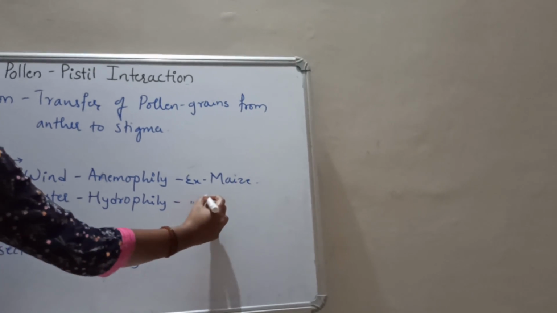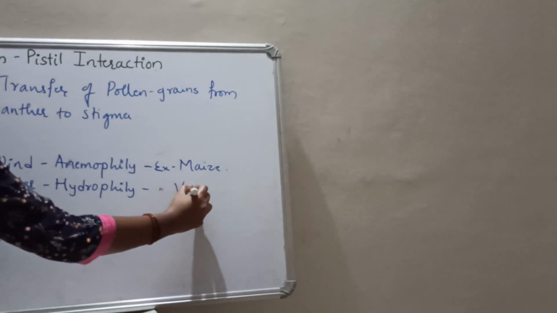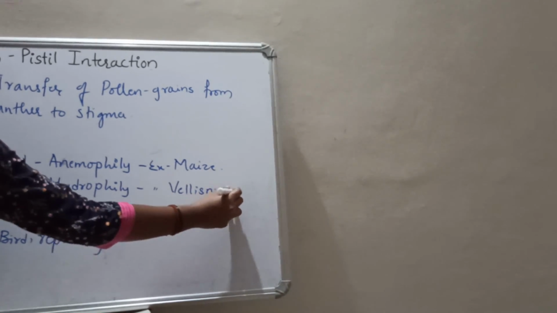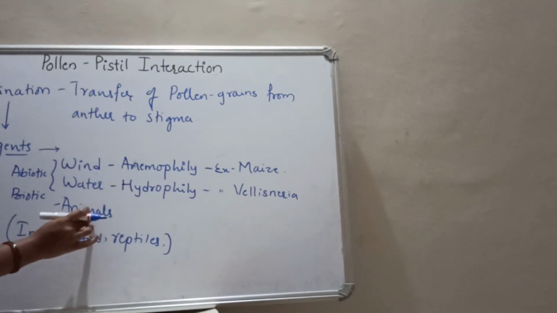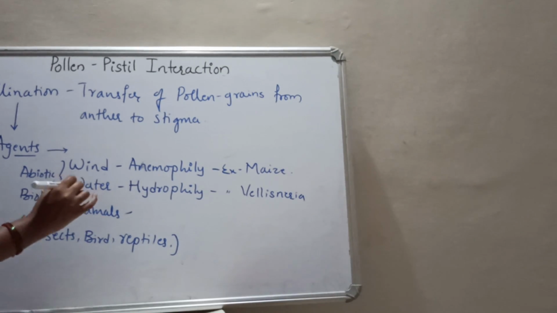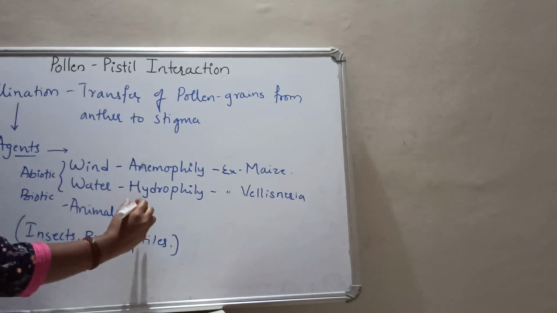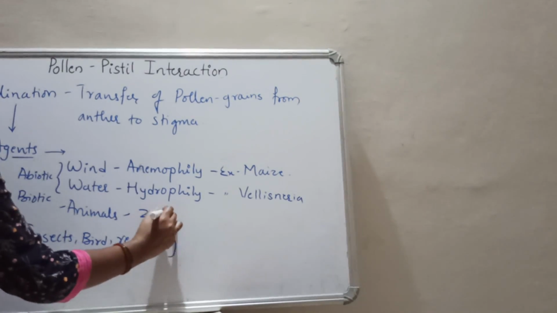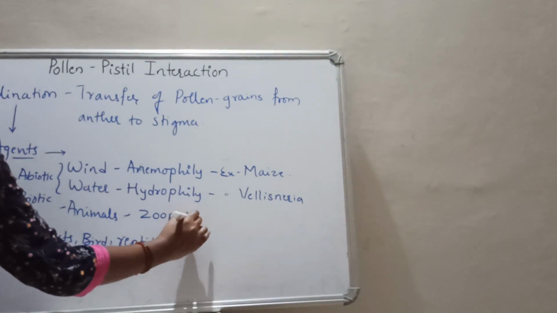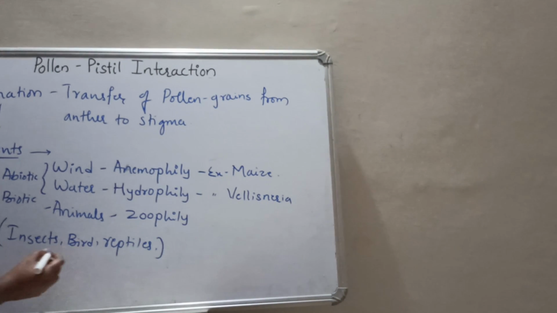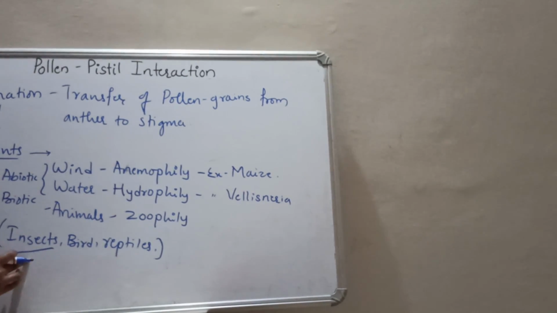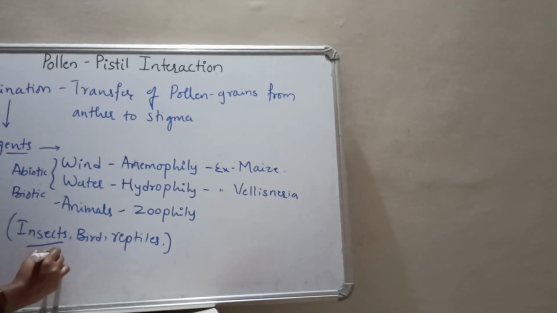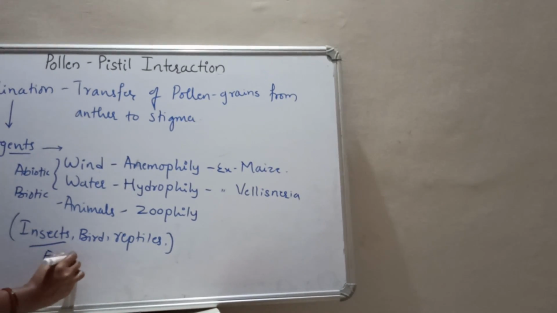For example, Vallisneria and Hydrilla are examples of hydrophily. Pollination that takes place with the help of animals is called zoophily. Pollination that takes place with the help of insects is called entomophily.